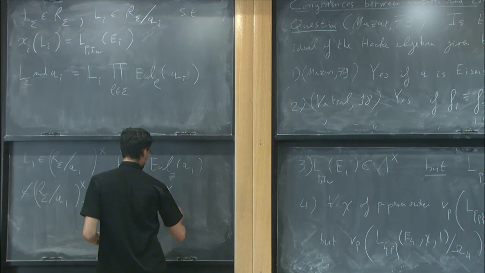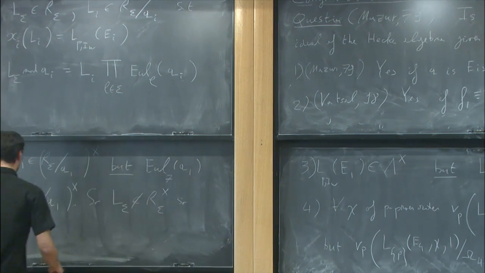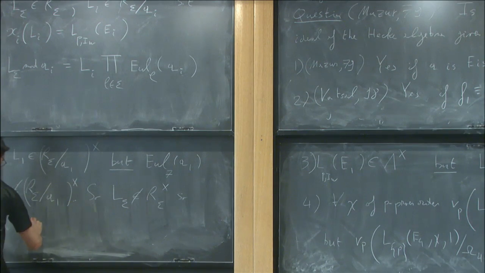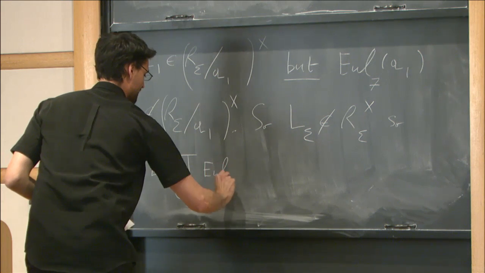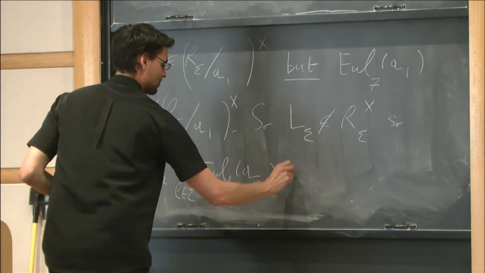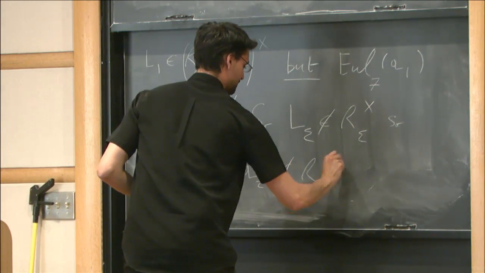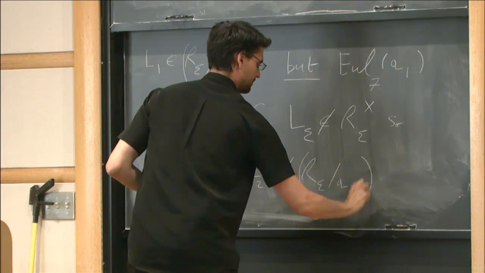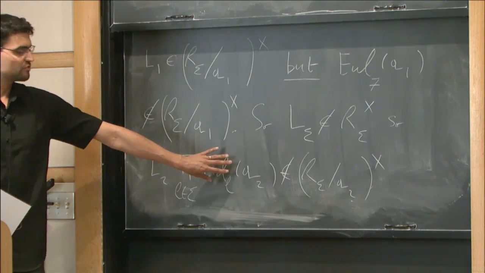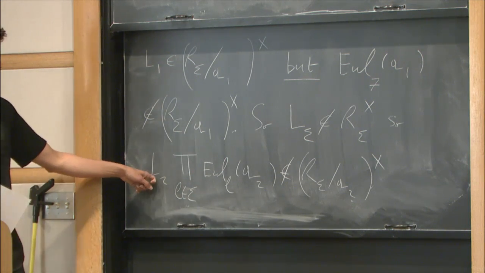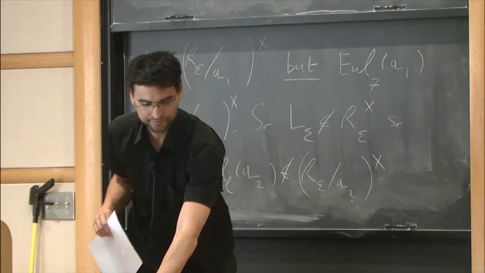And so L2 times the product of Euler factors, but now for A2, this cannot be a unit. But again, if you compute all these Euler factors, they are all units. And so it has to be that L2 is not a unit.